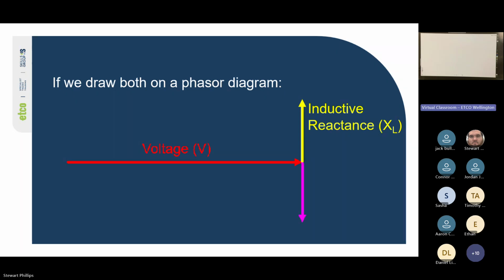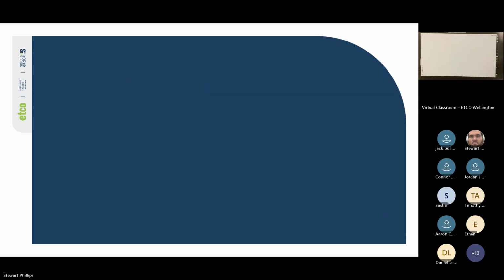And then downwards, we have our XC, representing leading current. So XL represents the lagging, XC the leading. Because they're on the same vertical line but opposite in direction, we can combine them by subtraction.